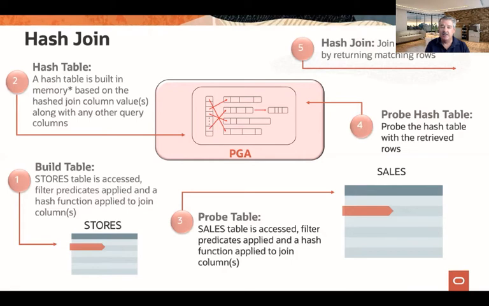We then scan the probe table, in this case the sales table, apply any filter predicates, and then for the join key, we check the hash table to see if we have a match. If we have a match, we can return that row along with any columns that are part of the query back to the calling SQL operation.